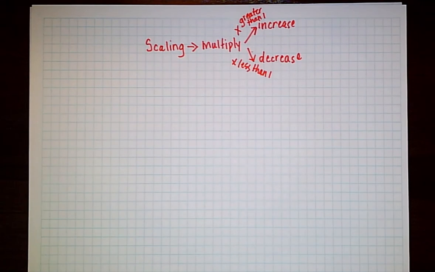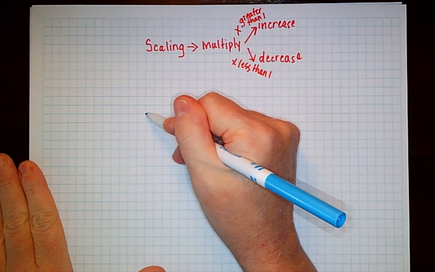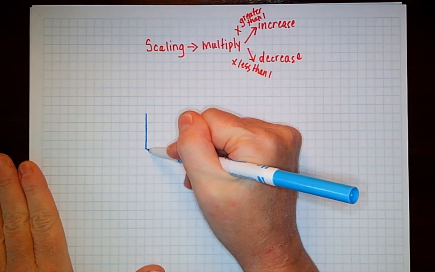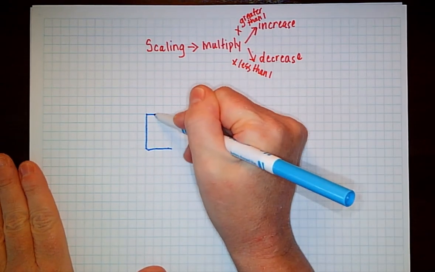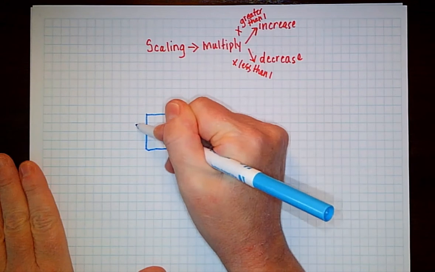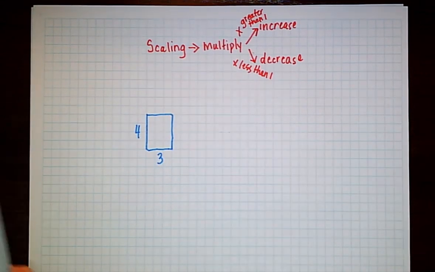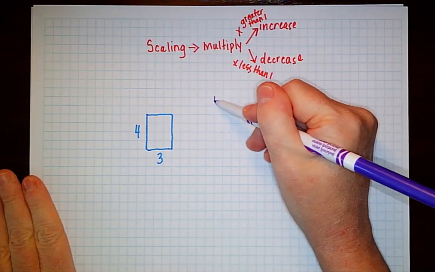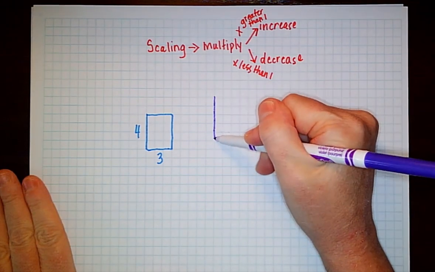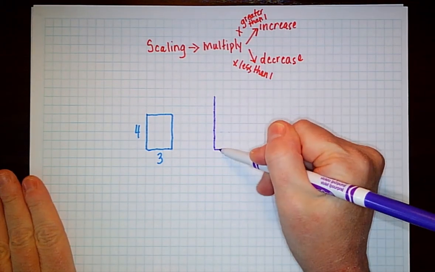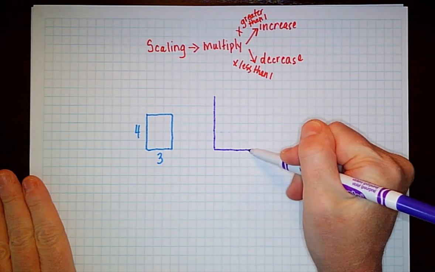All right, so we're going to do a quick little draw. I'm going to draw a 4 by 3 rectangle, and I'm going to draw a scale copy of this, 6 by 4.5.